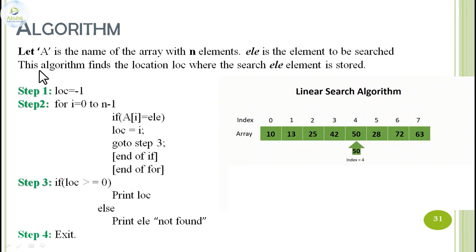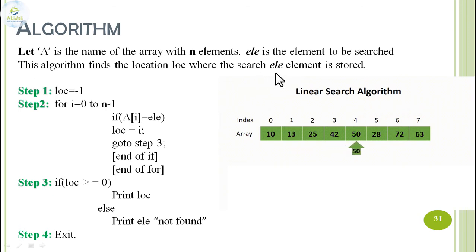What is the purpose of this algorithm? This algorithm is going to find the location where the value is stored. The location is stored in a variable called LOC, where the search element ELE is found.